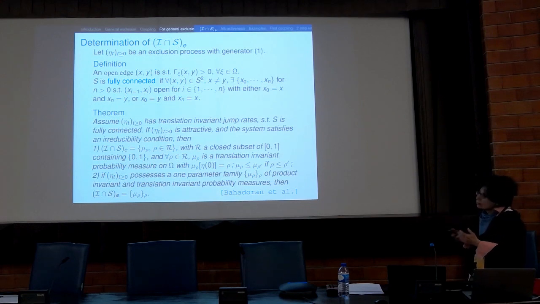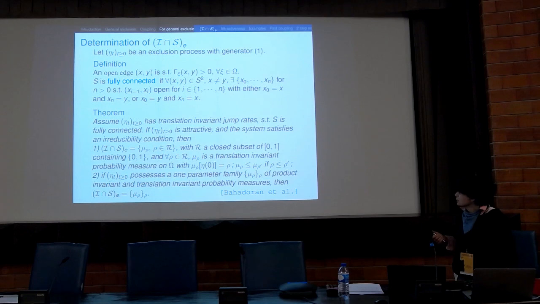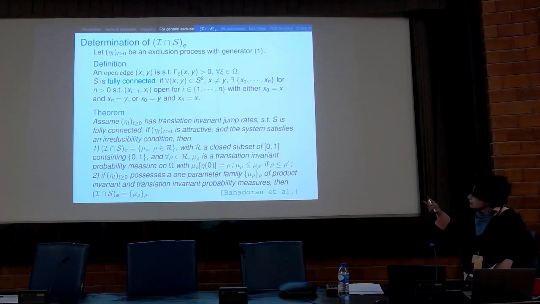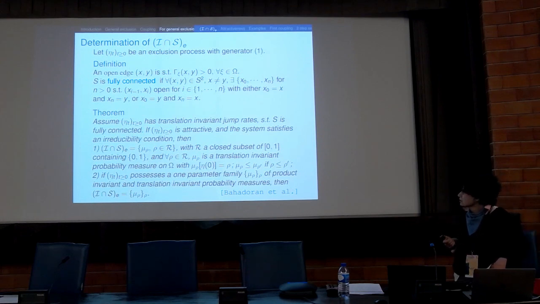You also need some more irreducibility on the coupling rates, which depend on the model. And like that, it's possible to prove, as for simple exclusion, that either you already have a one-parameter family of product invariant and translation invariant measures, then you prove that it's everything, like for simple exclusion, or you don't have such a family, but you can prove that there is a family of translation invariant probability measures mu rho, with parameter rho, which corresponds to the density per site.